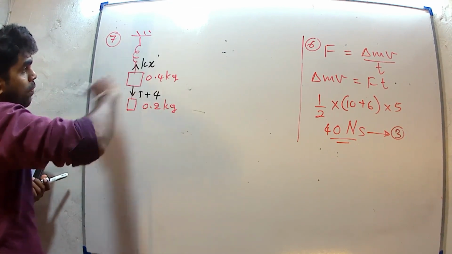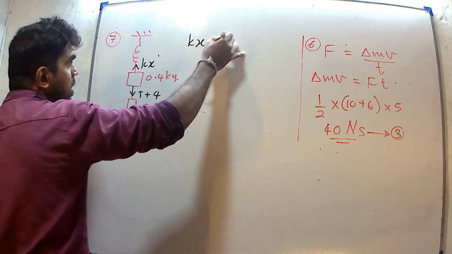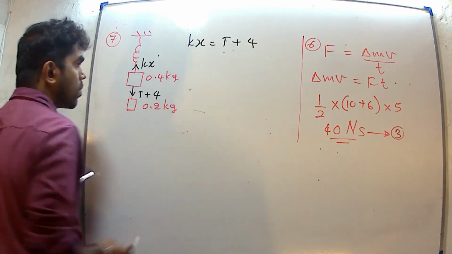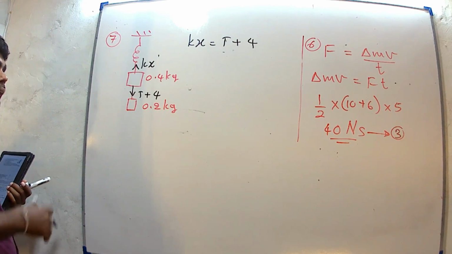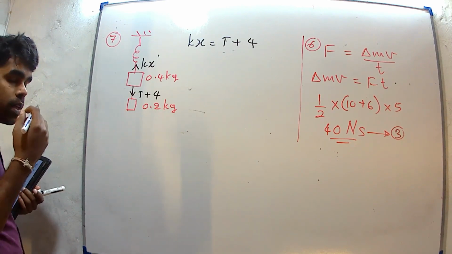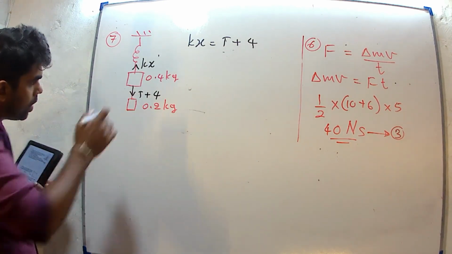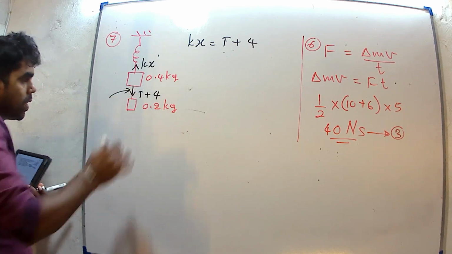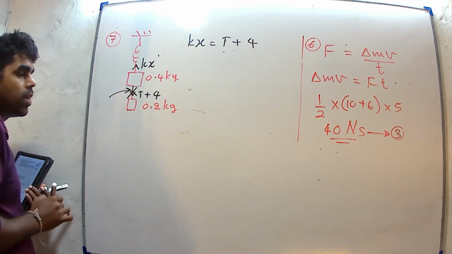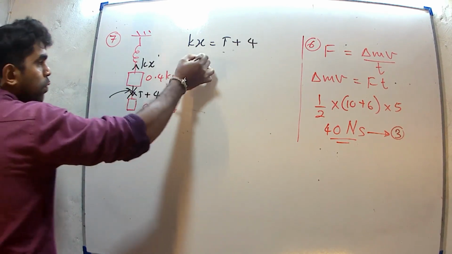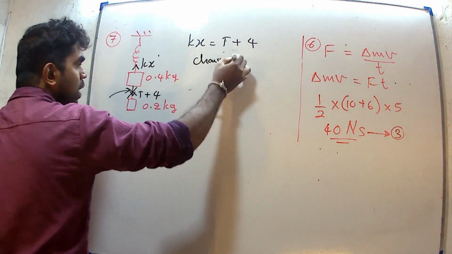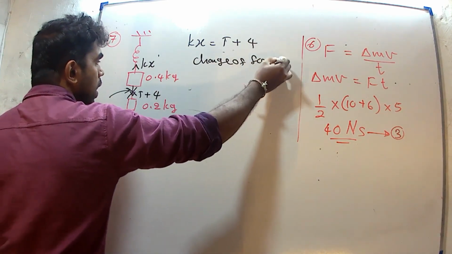Then we can write for the first situation kx equals T plus 4, equilibrium. And when this thread is burnt, tension should be 0. Therefore, the change of force equals the tension.